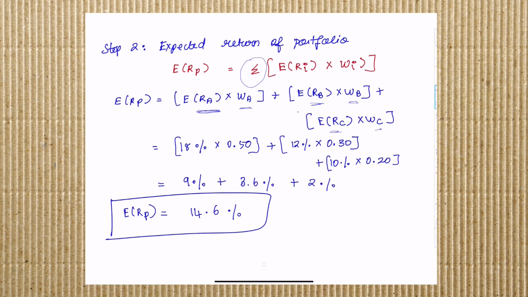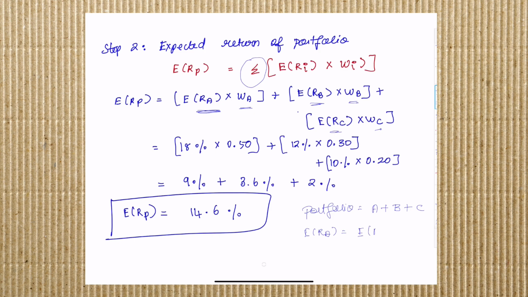If anybody didn't understand, you can also put it like this. What is a portfolio? A portfolio is a collection of investments. Now the investments are A and B and C. So this is a collection, so it's an addition, right? A plus B plus C. Now you can find the expected return of stock A. Instead of the linear format, I'm going to do it like this. What is the formula?